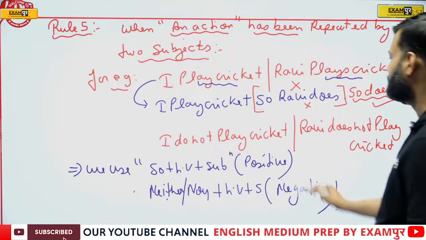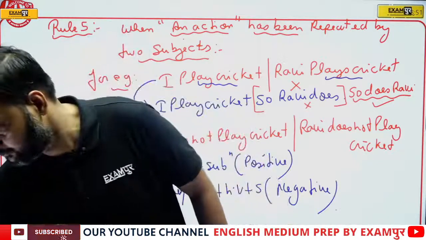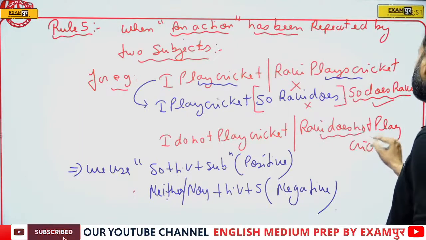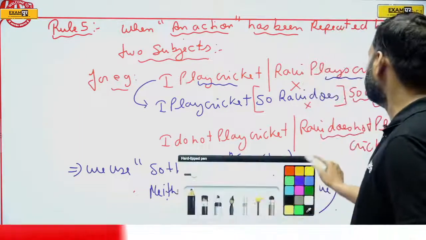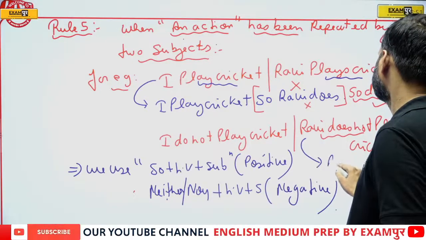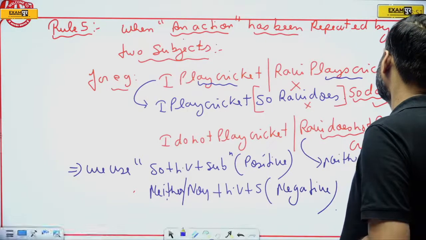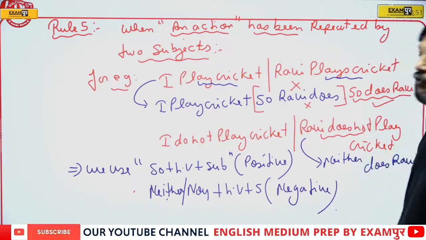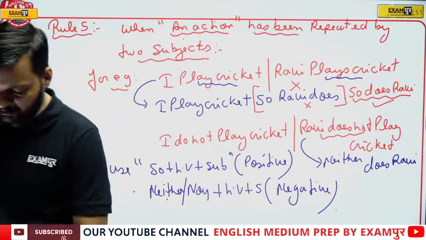And in the negative sentence, Ravi does not play would become neither does Ravi. So this is the next rule of inversion, where the verb inverts. Okay, clear, or do you have any doubt?